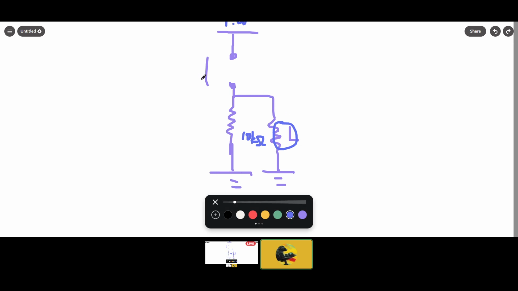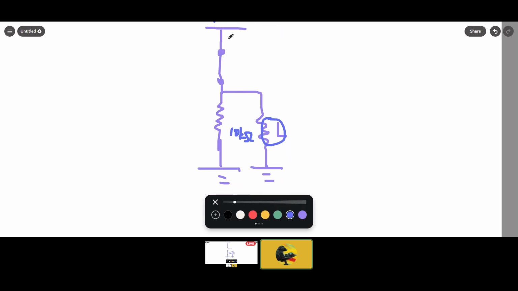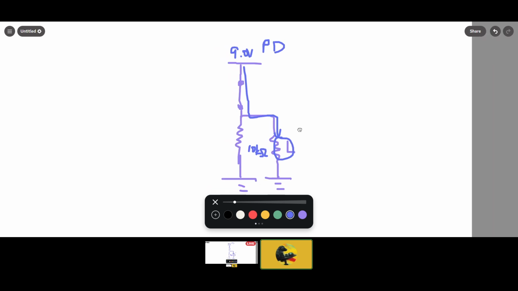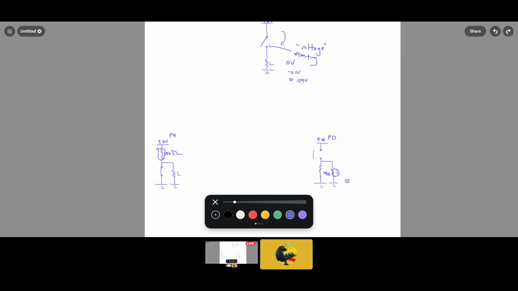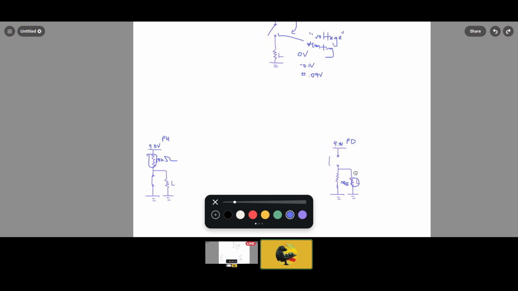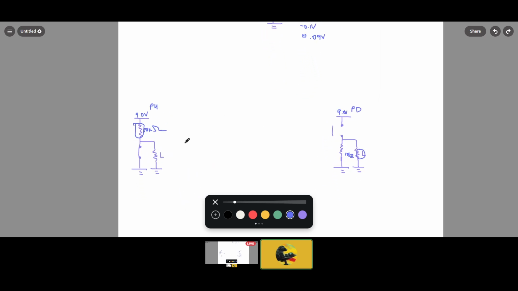So no floating voltage. When the switch is closed, L will be 9 volts or high voltage because of the source. And that's it. No floating voltage, and then we're done. So that is the pull up and pull down resistor circuit. You need to know them. You need to know both.